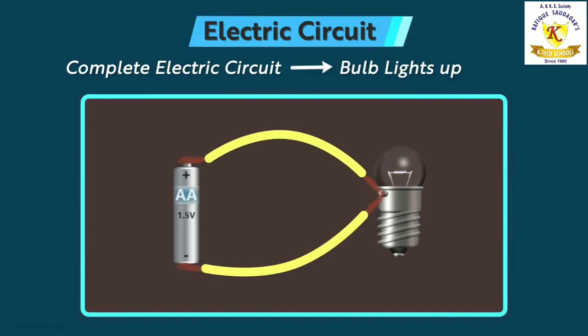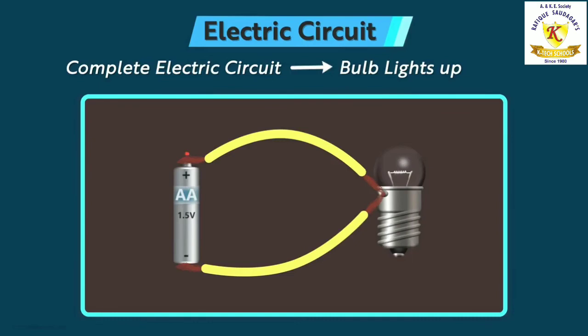Now look at this circuit. Is it complete? No, it isn't. Not all the terminals of the system are occupied, for instance, this terminal is not connected to the circuit.